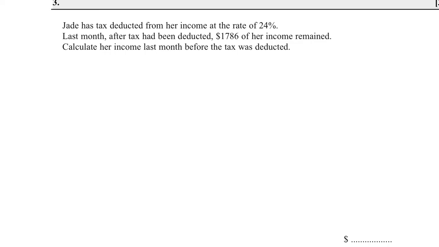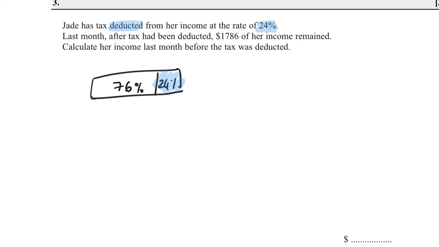Question 3. Jade has a tax deducted from her income at the rate of 24%. So if we're making a deduction of 24%, is that an increase or a decrease? Decrease. So if I had 100% and I take away 24%, how much do I have left? 76%. Okay?